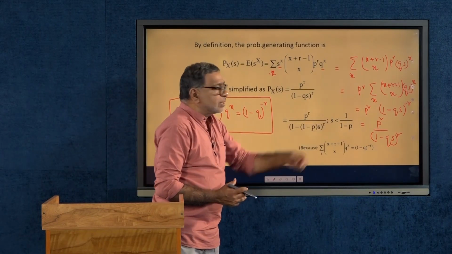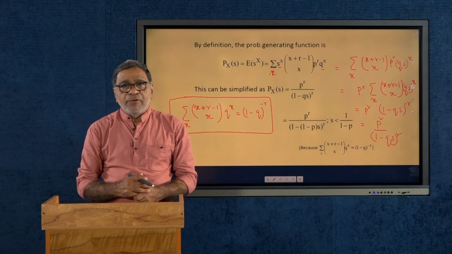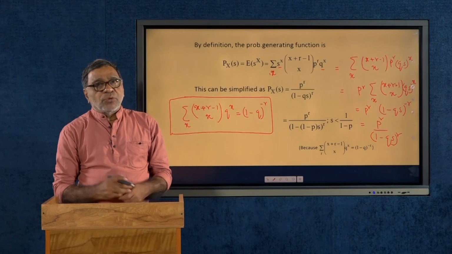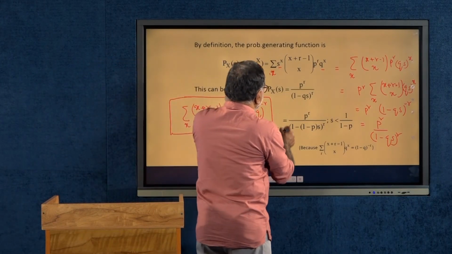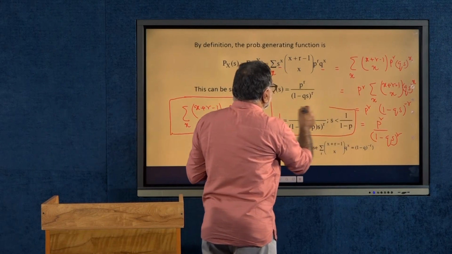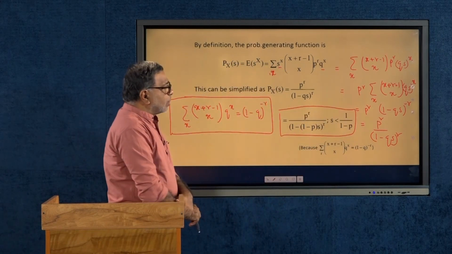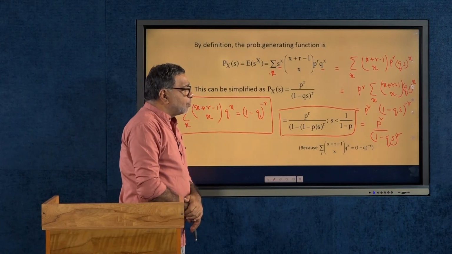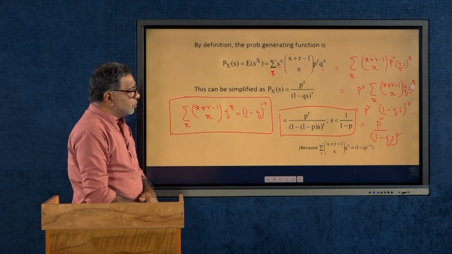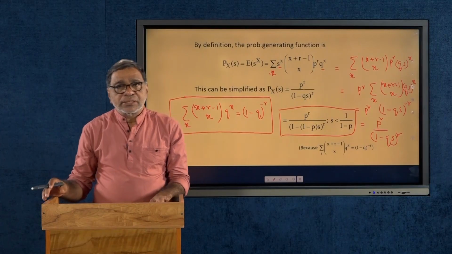So, s is less than 1 by (1 minus p). So, we established that the probability generating function of the negative binomial random variable is p power r divided by (1 minus q s) power r, or (1 minus p s) power r, because q is equal to 1 minus p, provided s is less than 1 by (1 minus p).